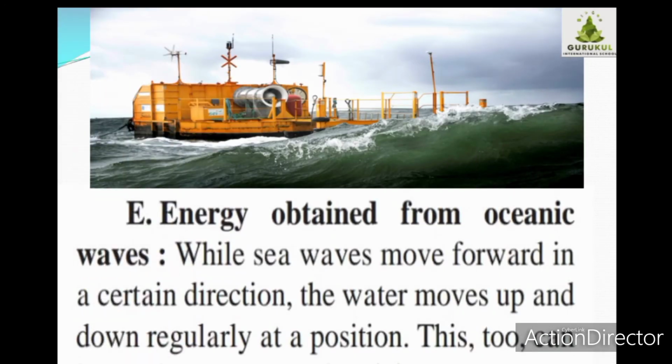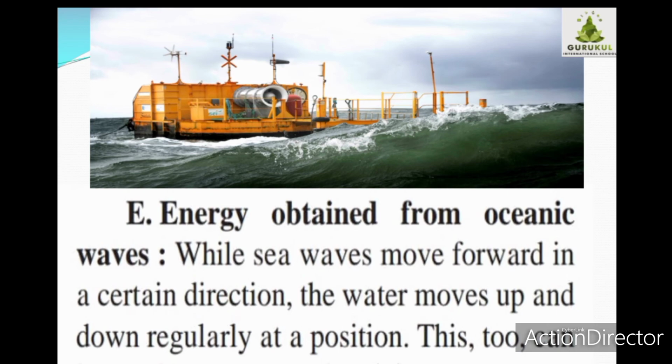The next type of energy is energy obtained from oceanic waves, or we can say oceanic wave energy. We know that in the ocean or sea, water is continuously flowing upwards and downwards, right? This means these waves have force in them.